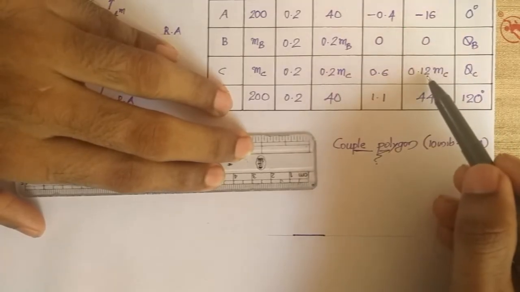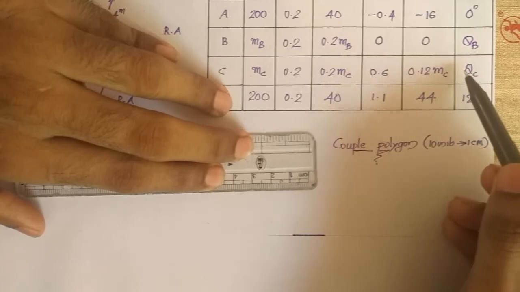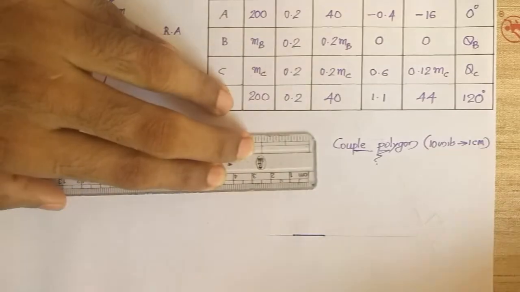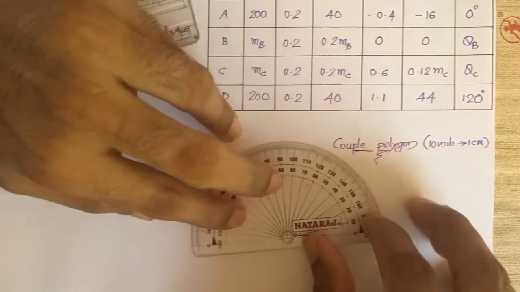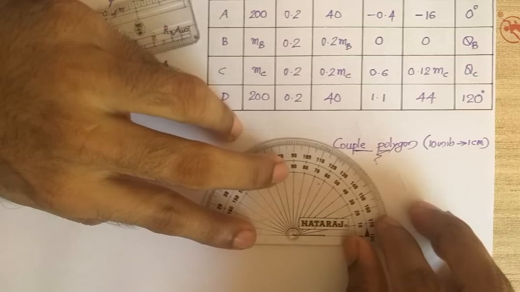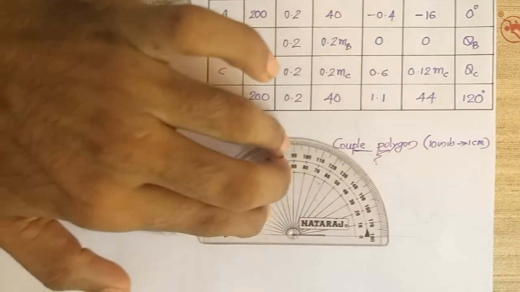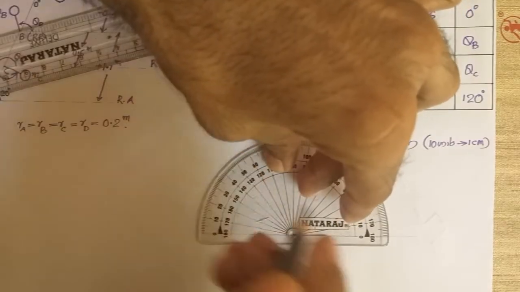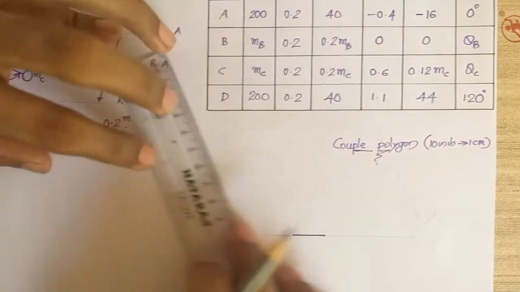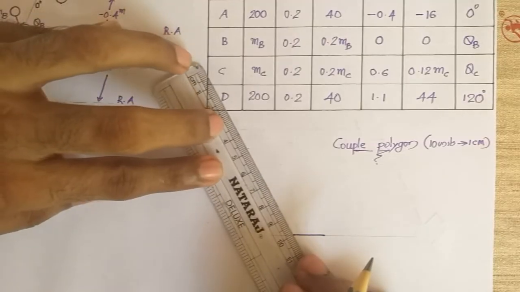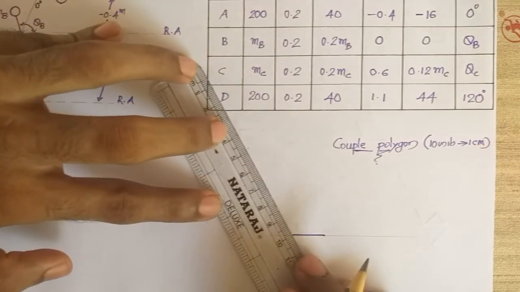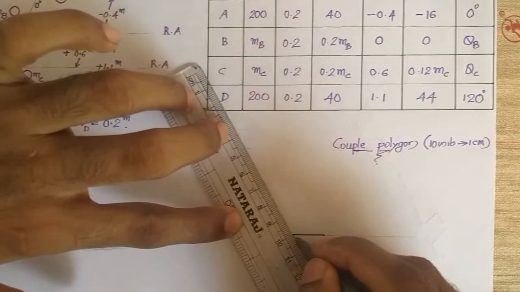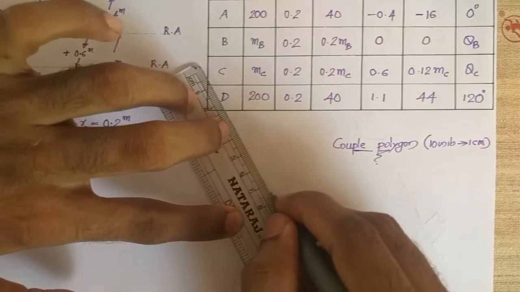The next one is 0.12 MC at theta C. These values are unknown. Next we will be drawing the known vector, which is 44 at 120 degree. From this point I will be taking 120 degree, which will come somewhere around here, and it will be taken to a length of 4.4 centimeter, since the couple is 44.